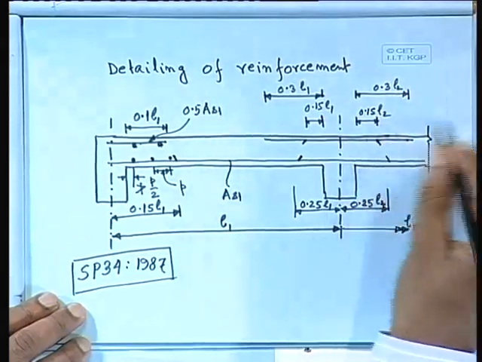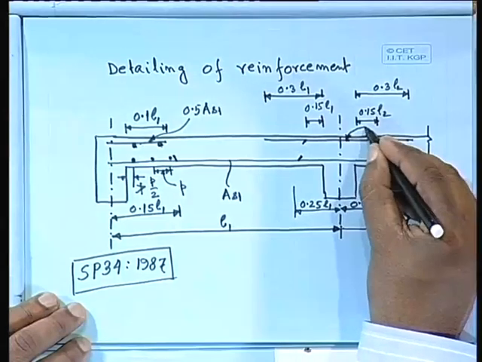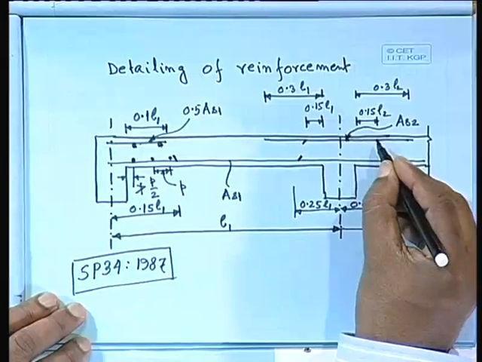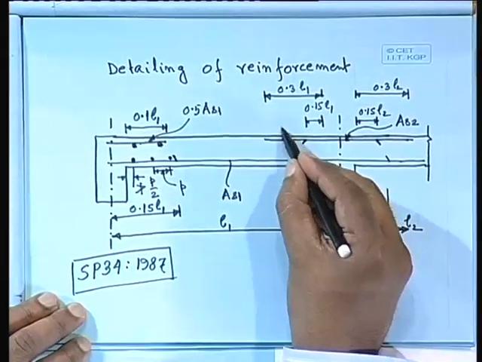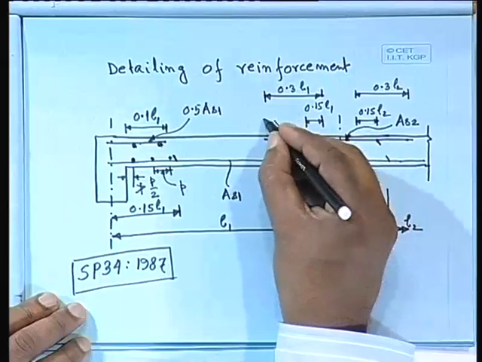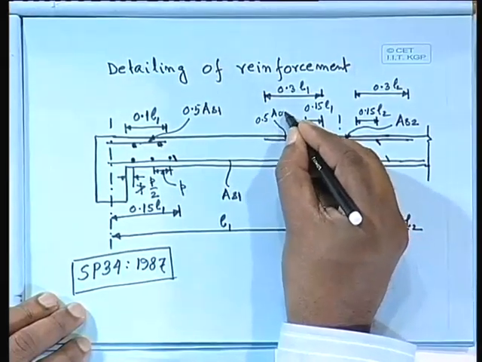What about the reinforcement? The reinforcement here, I am talking about this one, if I say AS2, area of steel on the support AS2, then this one will be 0.5 AS2.